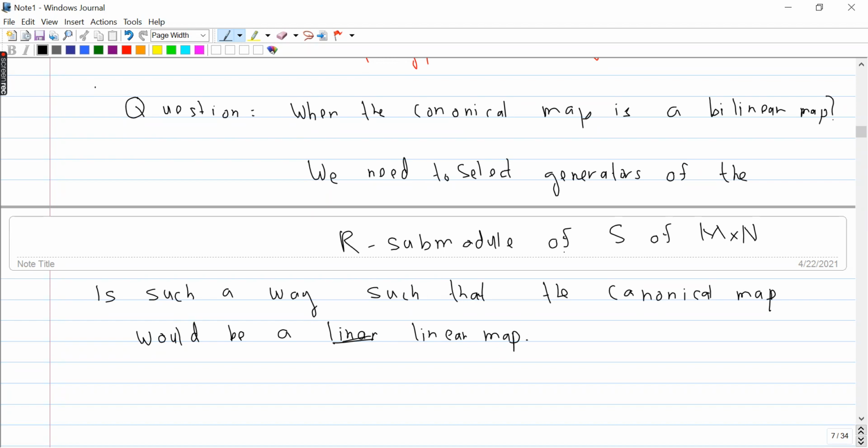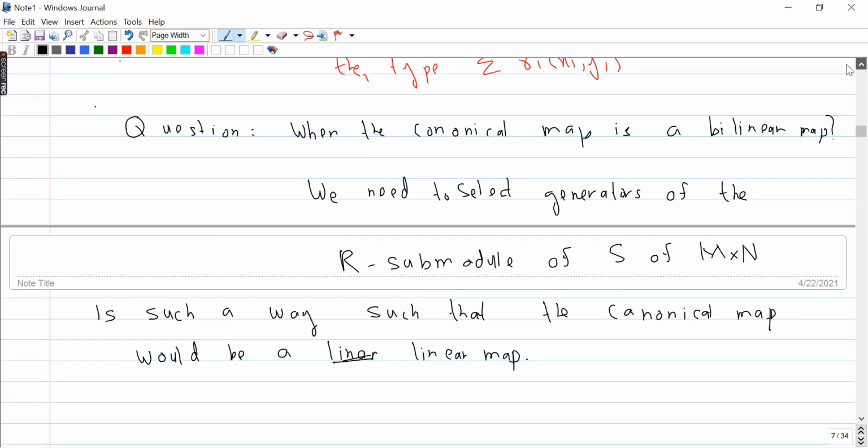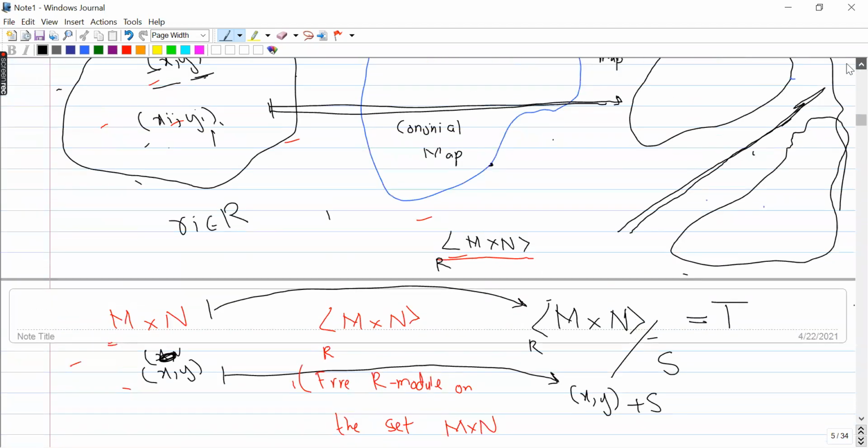So this is the answer that we want to see, that when the canonical map is a bilinear map, we need to select the generators.